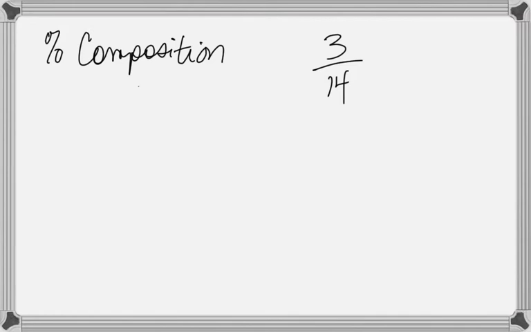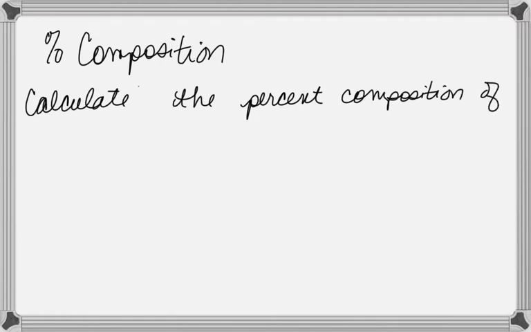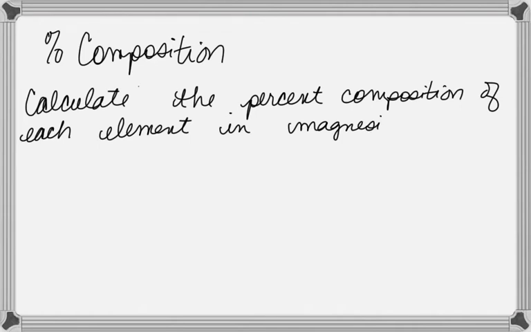Okay. Y'all know percent is the part divided by the whole. Mm-hmm. Nothing new there. So, what we want to do is calculate the percent composition of each element in magnesium nitrate.